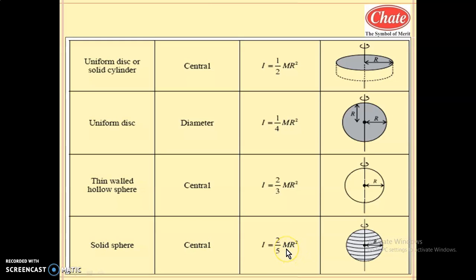Here mass can be substituted as density into volume. The volume of the Earth is 4 by 3 pi r cube, so you will get the equation in terms of density and r. Replacing the mass with density into volume gives 8 by 15 pi r to the power 5 rho.